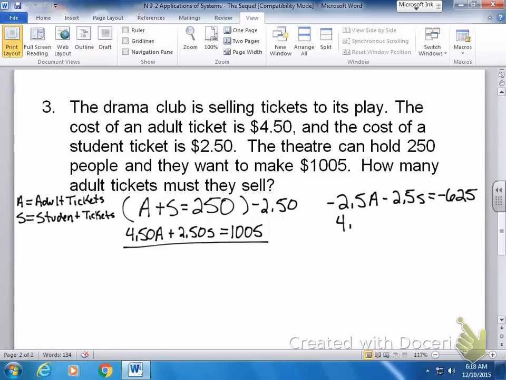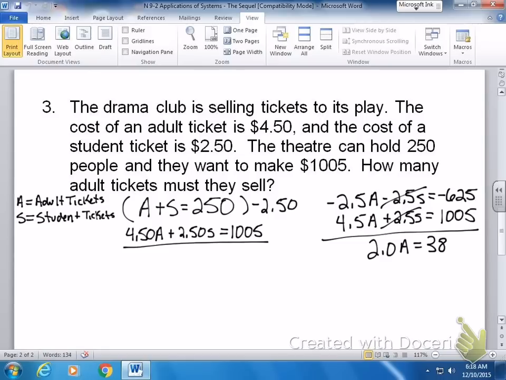I have 4.5A, I'm just going to leave off those zeros if that's okay, plus 2.5S equals 1005. Now my S's are going to cancel. One's negative, one's positive, and they're the same thing. Negative 2.5 plus 4.5 is 2.0A equals negative 625 plus 1005 is 380.